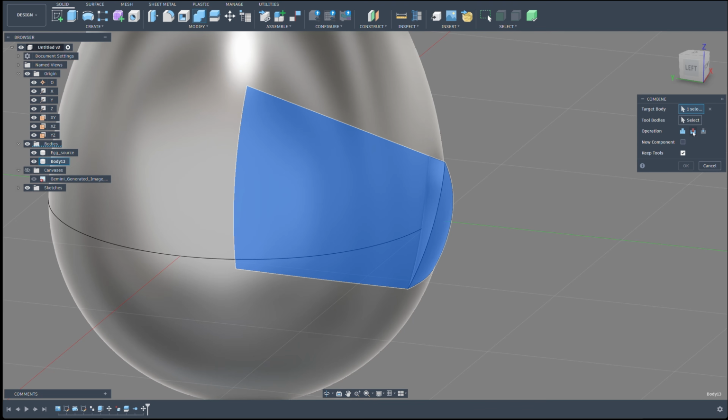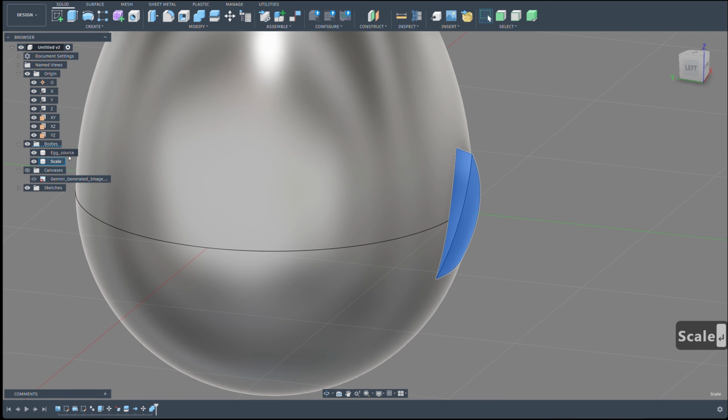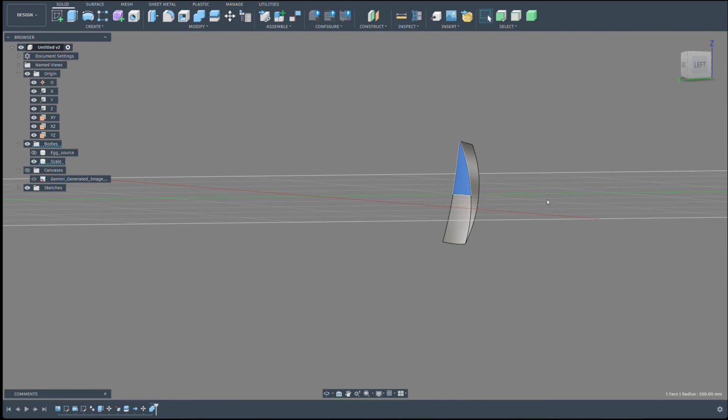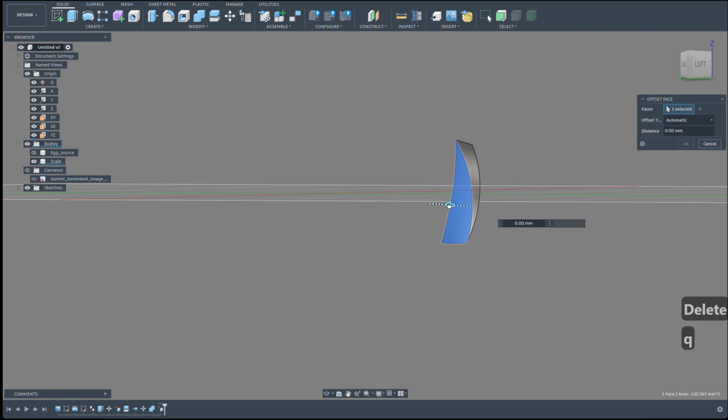Let us subtract the base body from the scale body, making sure to keep it. We can slightly simplify the geometry of the inner part and push it in a bit, to hide or avoid potential artifacts on the sharp edge during filleting.